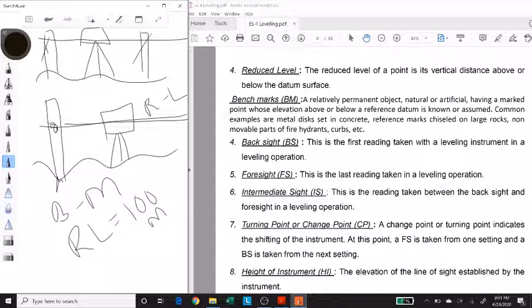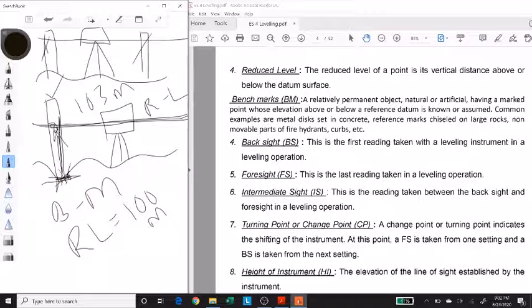So what I did was I took the reading at the point of the benchmark, and the reduced level at the benchmark was 100. And since my line of sight is at a greater height, I would get some value on my leveling staff. And let's say I get a value of 3 meters on the leveling staff. So my height of instrument would become 103 meters: 100 for the benchmark plus 3.